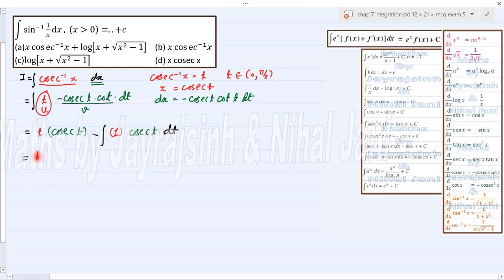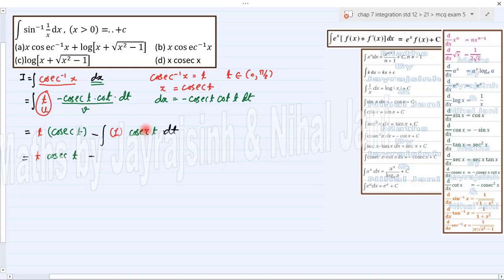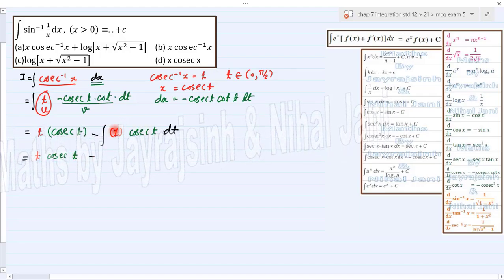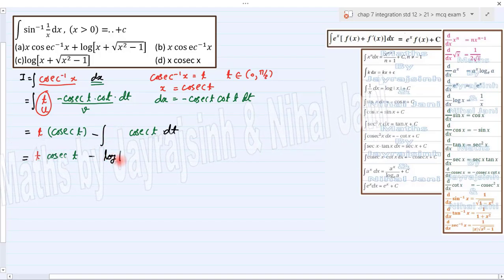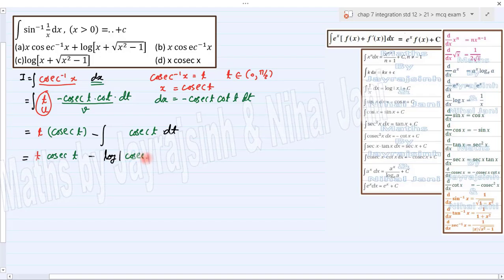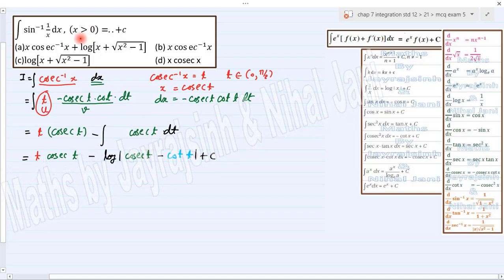So now your first term will remain as it is, and in second term cosec t into 1 will be cosec t, log mod cosec t minus cot t plus c. But our answer should be in terms of x.